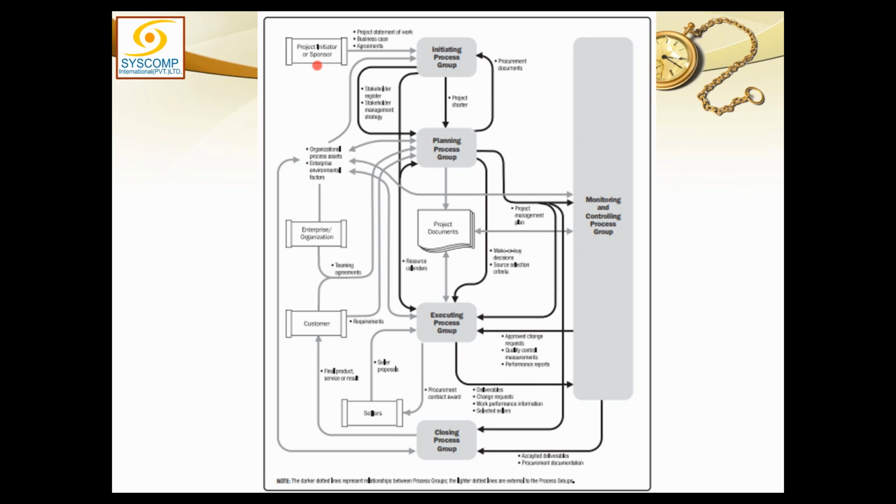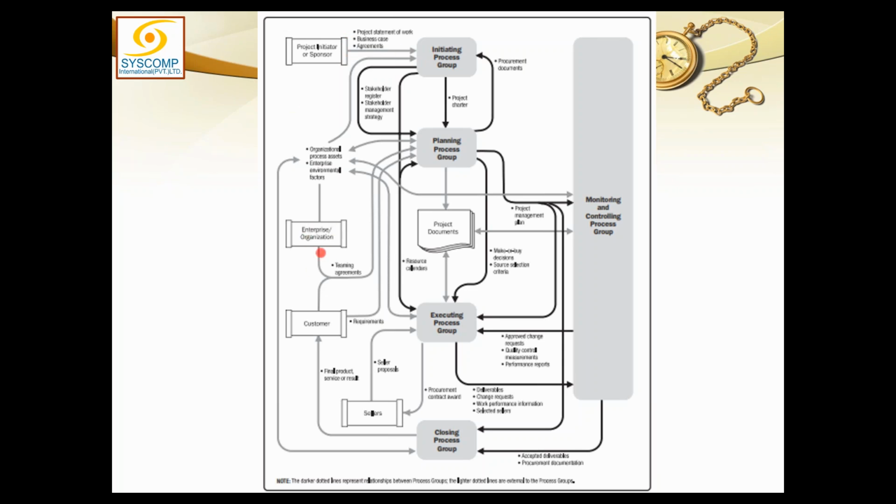He is coming from outside into the initiating process group. The sponsor is bringing along 3 items: project statement of work, business case, and agreements. These are the 3 things he is bringing along from outside.